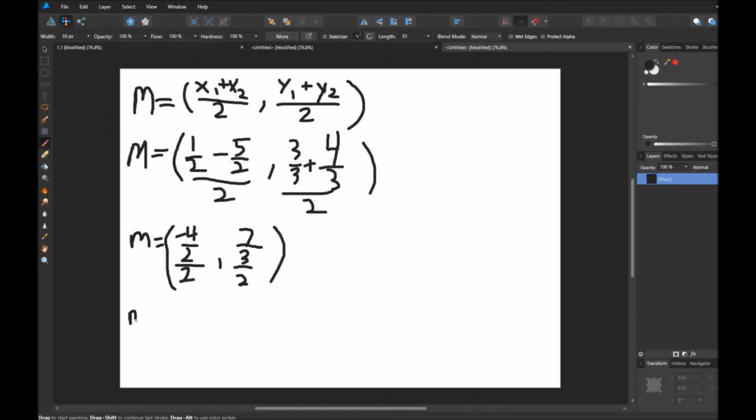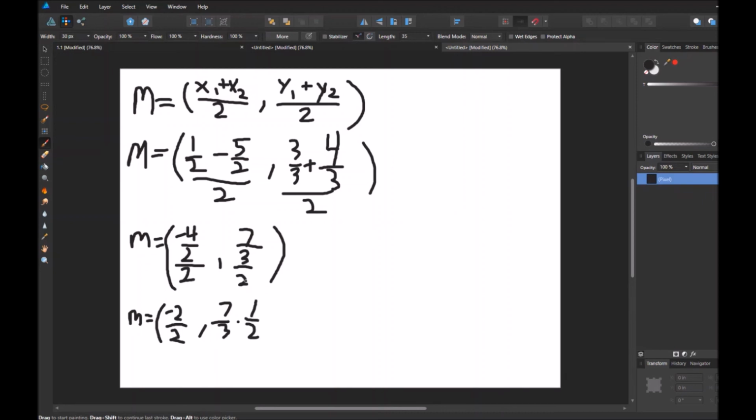So negative 4 over 2 is negative 2. So we have negative 2 over 2. 7/3 divided by 2 is the same thing as 7/3 times 1/2.